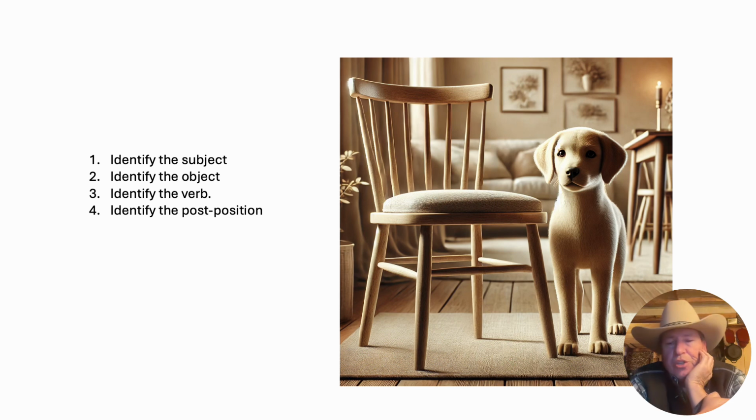And the postposition, beside. So put that all together, and you get shunkaki, the dog, oankankeki, the chair. And then remember, beside is isakib, and then the verb, naji. Shunkaki, oankankeki, isakib, naji.